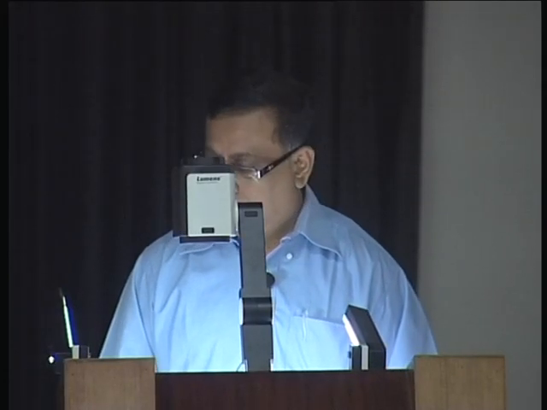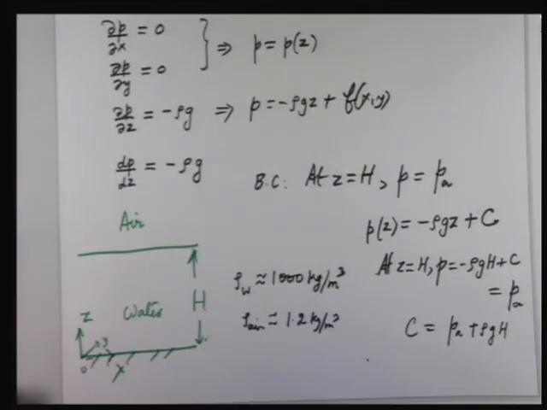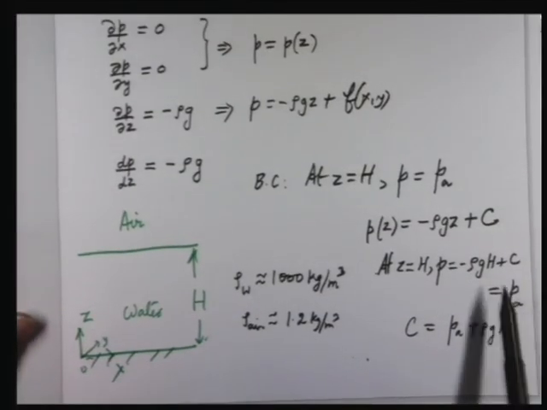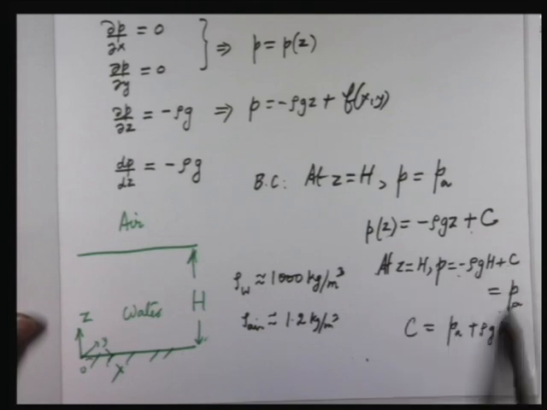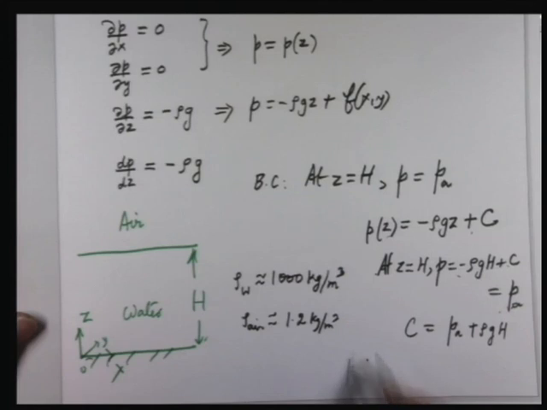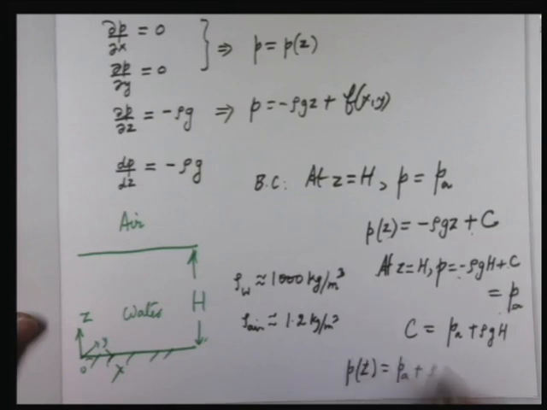And hence, if I substitute that back over here, what happens? Okay, so we evaluate this function at z equal to h and set it equal to Pa, that gives you the c. If you plug it back over here, you get the function P of z is Pa plus rho g into h minus z. So this is the solution.